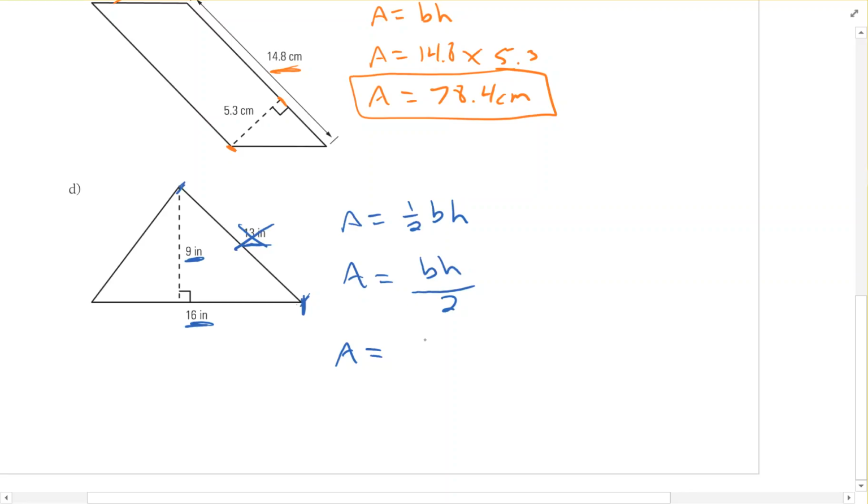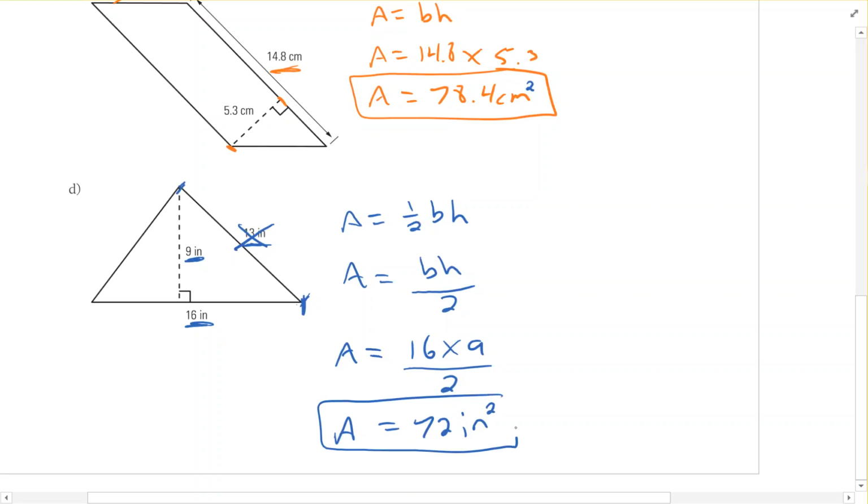All right, so we're going to go, the base is 16 times a height of 9 divided by 2. So that's going to be equal to 72 inches squared. Oh, and one thing I forgot in the one up above, this should have been centimeters squared. My bad. Okay. All right, moving on.